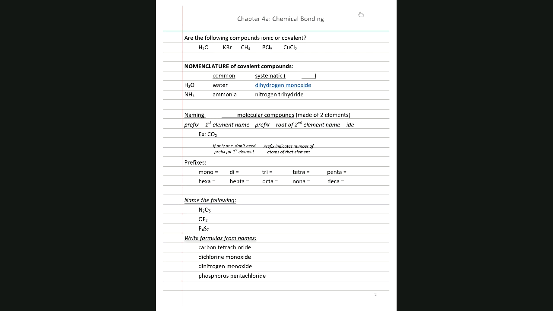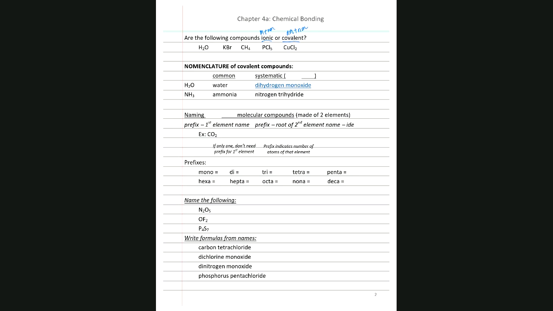I heard someone say that. So remember, ionic is a metal plus a nonmetal, and covalent is a nonmetal plus a nonmetal. So simply by looking at the formulas, we can tell whether something is ionic or covalent.